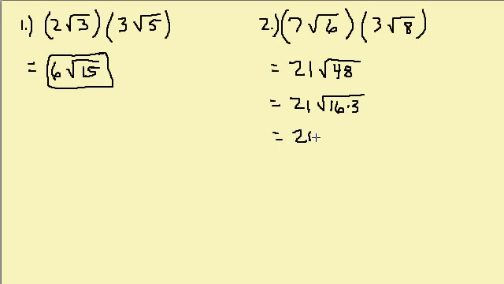So 21 times 4 times the square root of 3, which stays under the radical because it's not a perfect square. And I have a video simplifying radicals. You can watch it on how to simplify the square root of 48. So this is equal to 84 square root of 3.